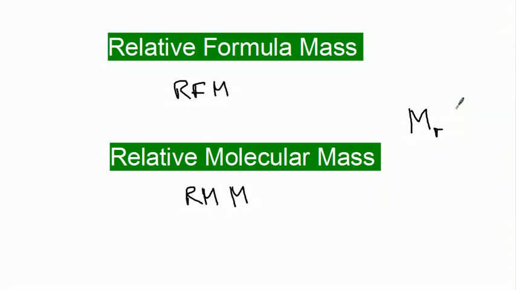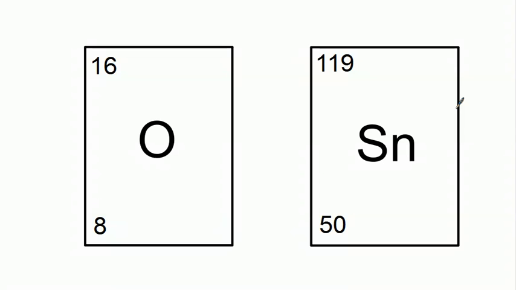Okay, so what you should remember from one of our previous units is that on the periodic table we've got lots of chemical symbols, we've got element cells where we have a large number and a small number. We are only interested in this large number.